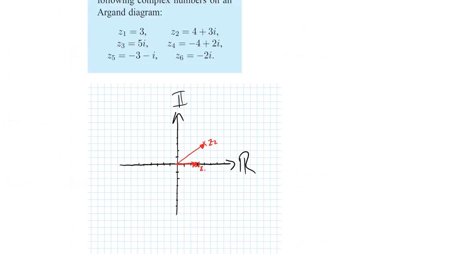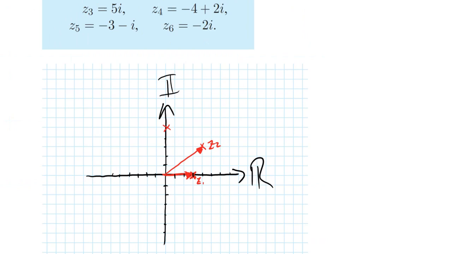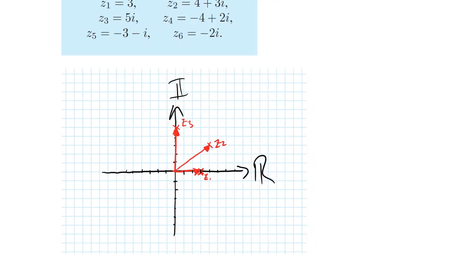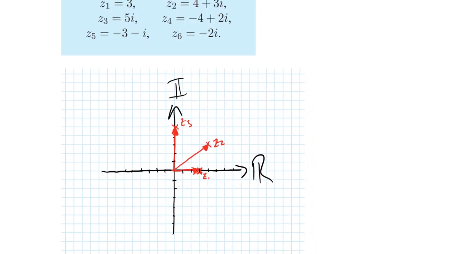What about Z3? 5i. Well, this has no real component, so we're at 0 on that real axis. We're at 5, though, on that imaginary axis. So let's draw the arrow in again. That arrow there, Z3. Z4, well, we've got a -4 and a positive 2i.